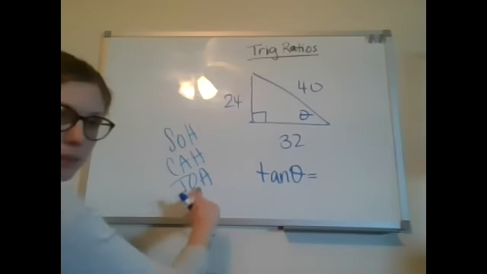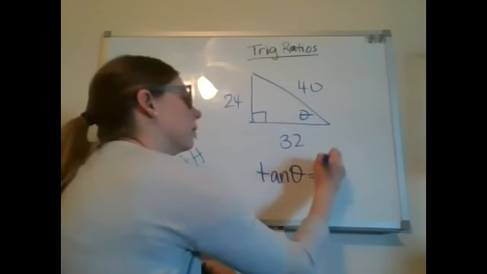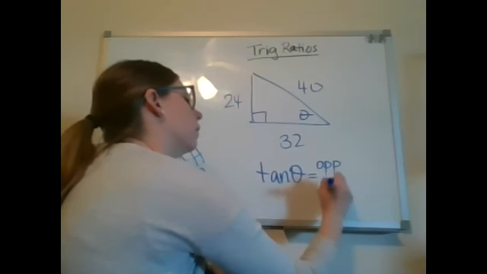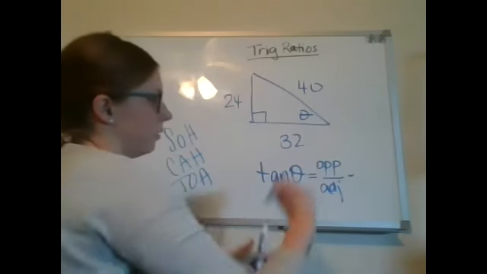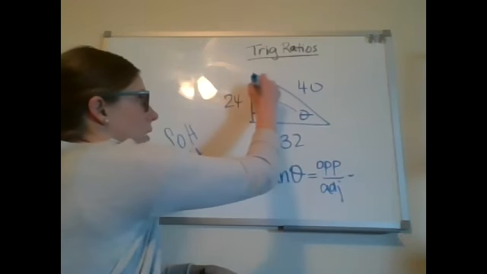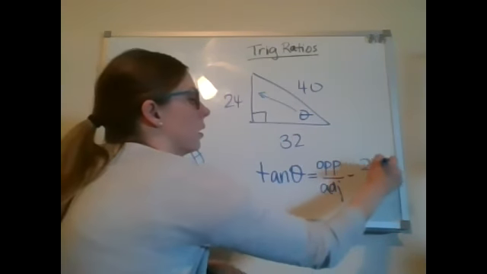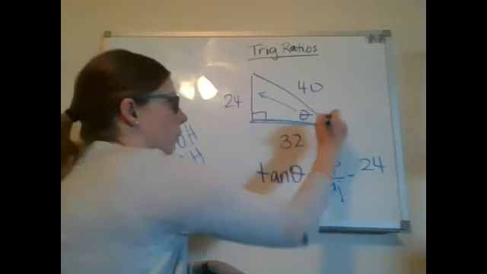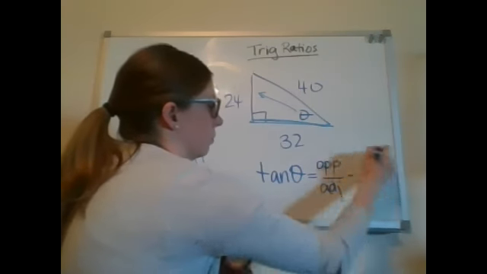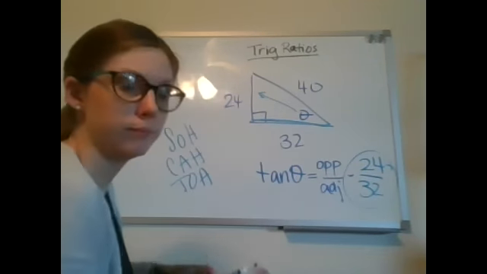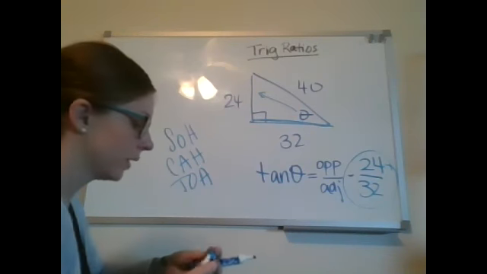Tangent is opposite over adjacent. So if this is theta right here, opposite, we look across, is 24. Adjacent is the one that it touches that is not the hypotenuse, so it's 32. And you're done.